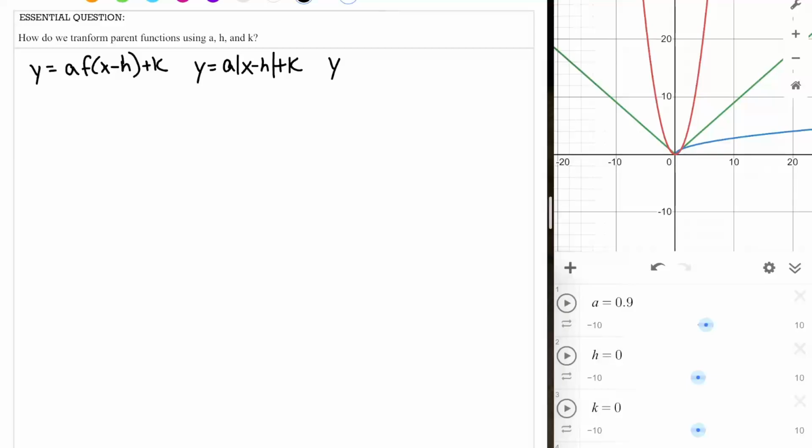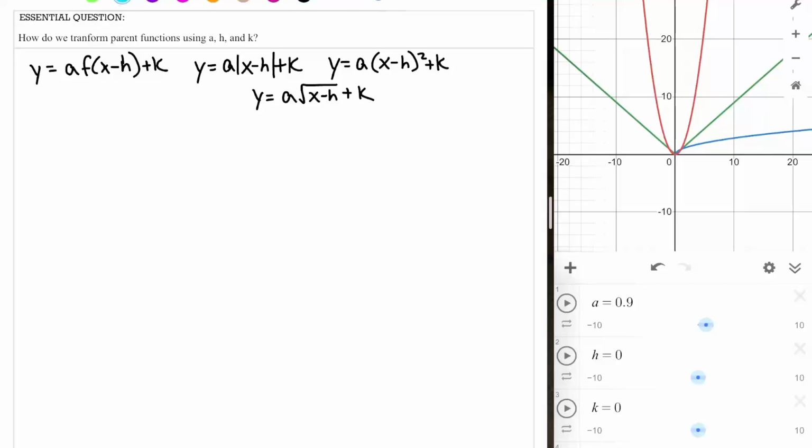We've got y equals a times (x minus h) squared plus k. And our third one is y equals a times the square root of x minus h plus k. So those are the three that we're looking at.